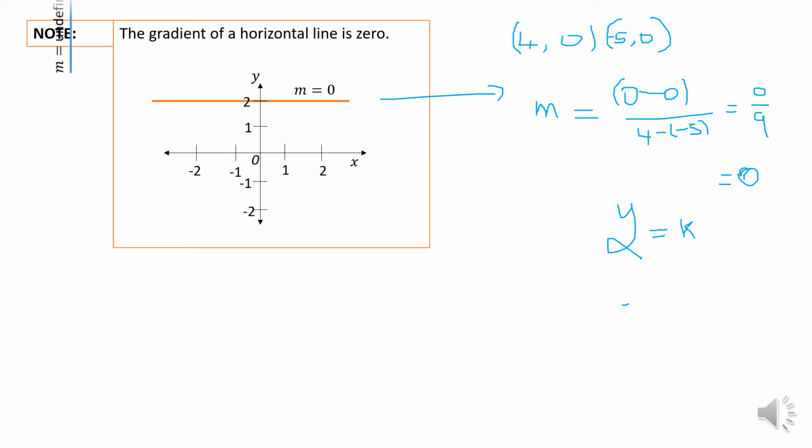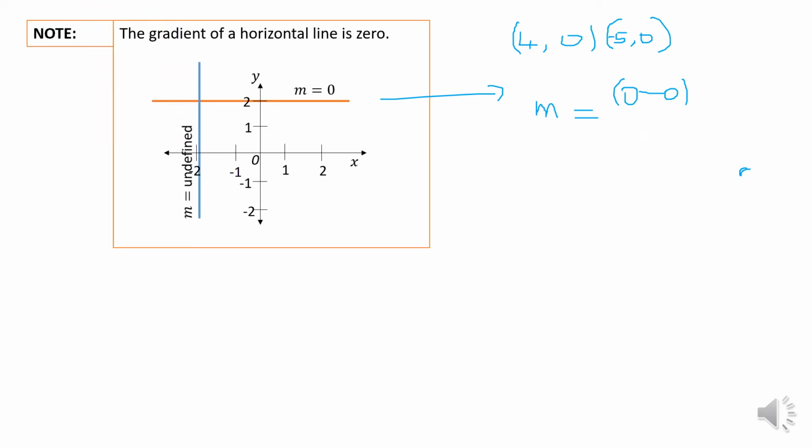Another one that I want to talk about is a vertical line. A vertical line, its gradient is undefined. We can explain a vertical line by looking at two points. So suppose I bring the point 0, 1.